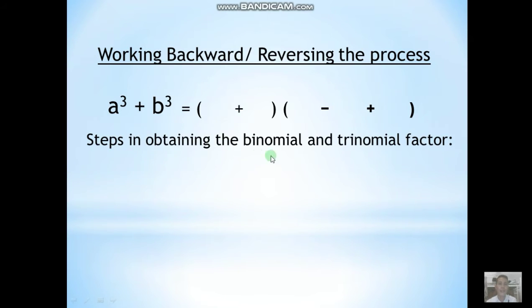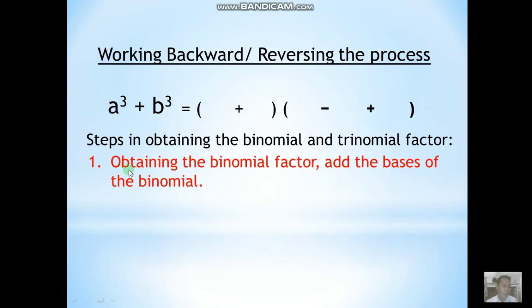Okay, steps in obtaining the binomial and trinomial factor. Number 1, obtaining the binomial factor: add the bases of the binomial. So we are going to add these two bases here. So we have a plus b. So this is now the binomial factor.